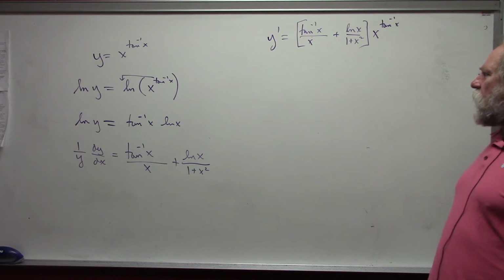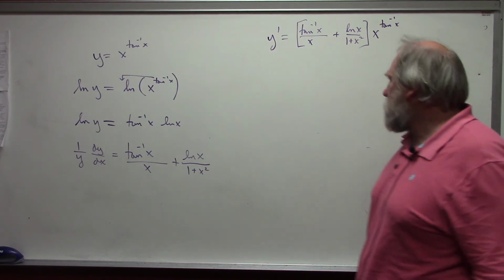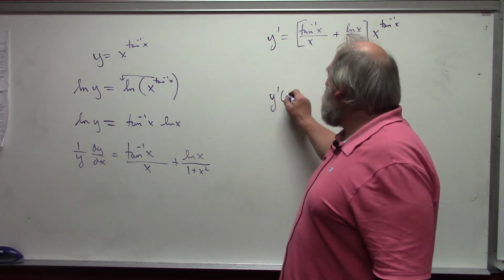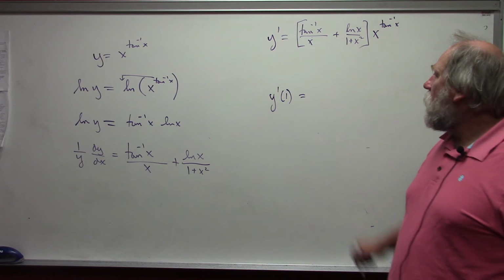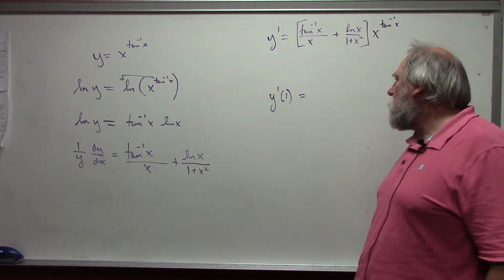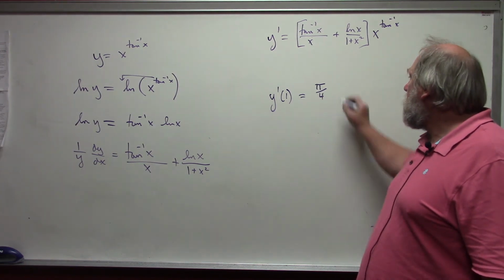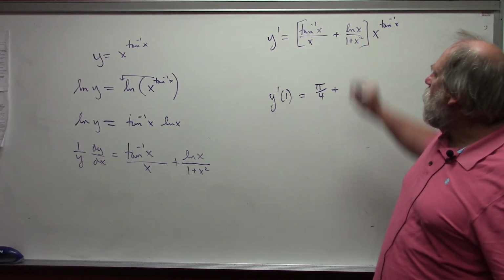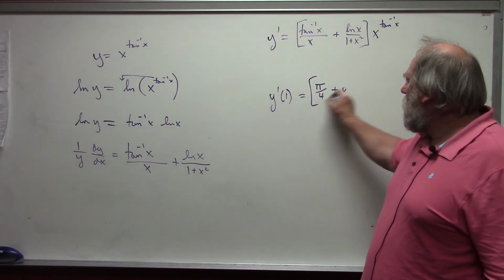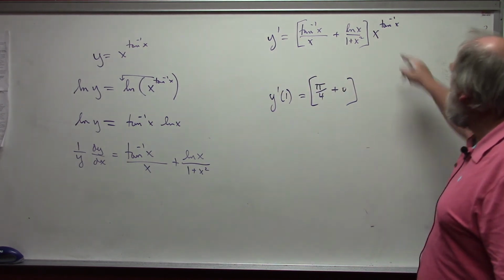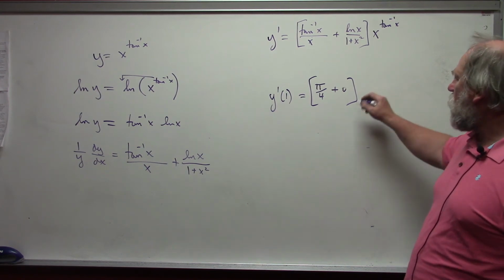By the way, what is the derivative at 1? Let's see if you remember some stuff. y prime at 1, in case I wanted that, would be the arctan of 1, which is pi over 4, plus the natural log of 1, which is 0, times 1 to any power, which is 1.